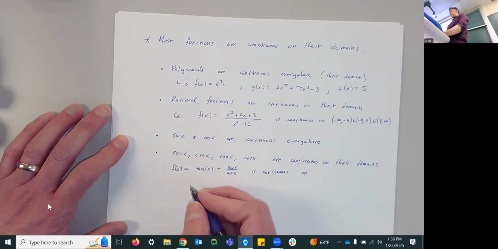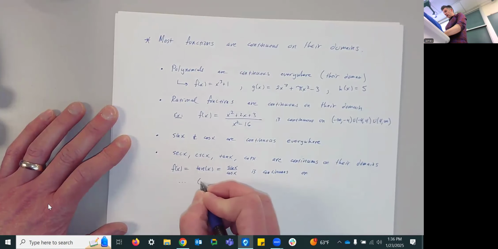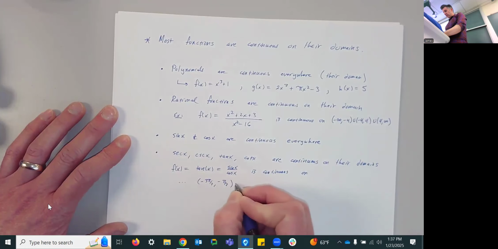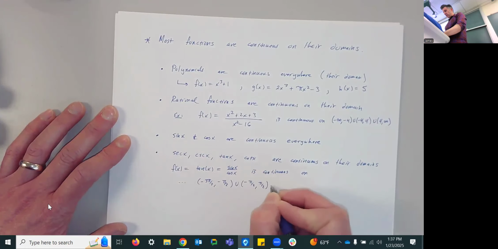So I'm going to write this out, but it's not going to be pretty. It's like dot, dot, dot, and then we have negative 3 pi over 2 to negative pi over 2 exclusive union negative pi over 2 to pi over 2 exclusive union pi over 2 to 3 pi over 2, and it just goes on and on and on.